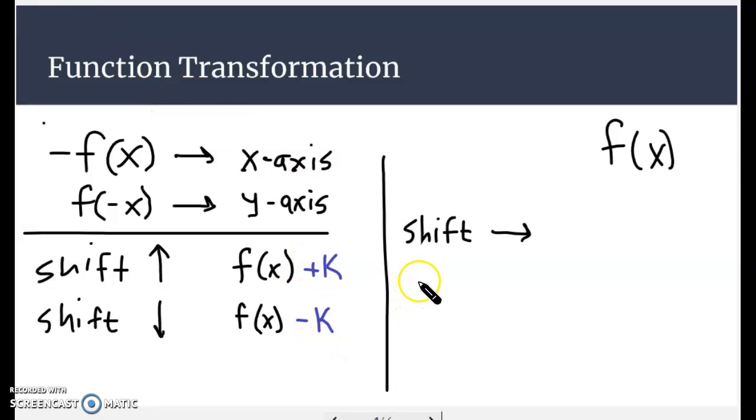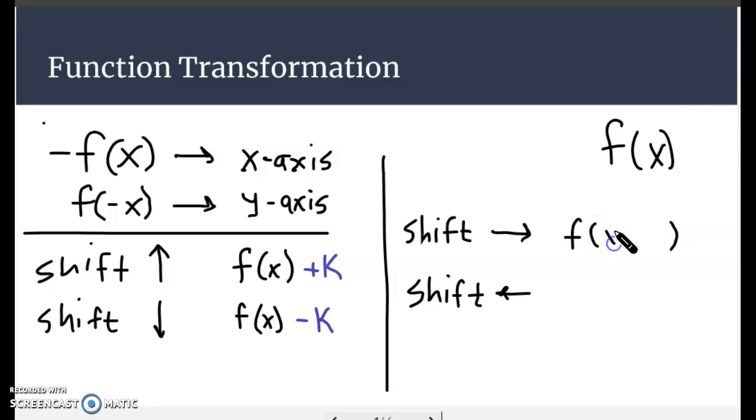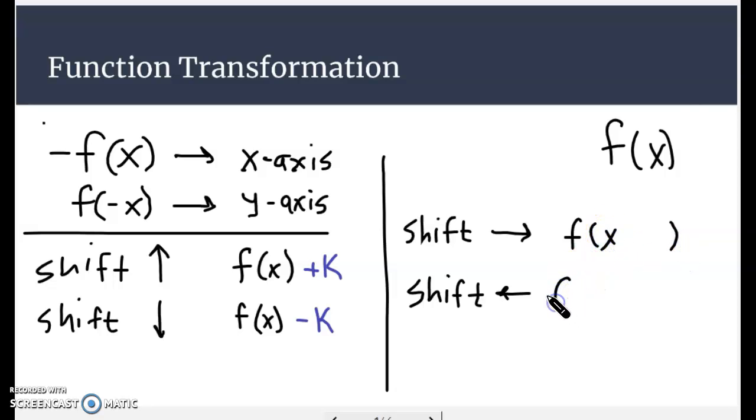With shifting left and right, it's a little bit counterintuitive with respect to the x-axis. All right, I'm going to use variable h to denote shifting left and right here. Okay, we're going to have f of x, and notice I left some space here within the function.